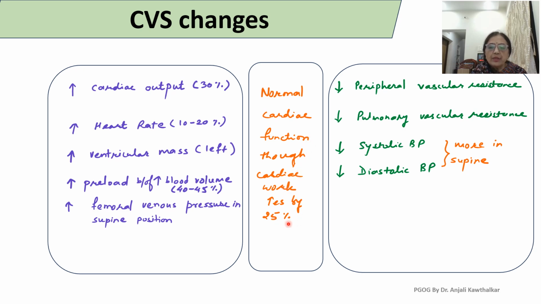That means whenever a patient has no heart disease, these body changes do take place. Though the cardiac work increases by 20%, the ultimate cardiac function remains normal in a normal woman with no cardiac disease.